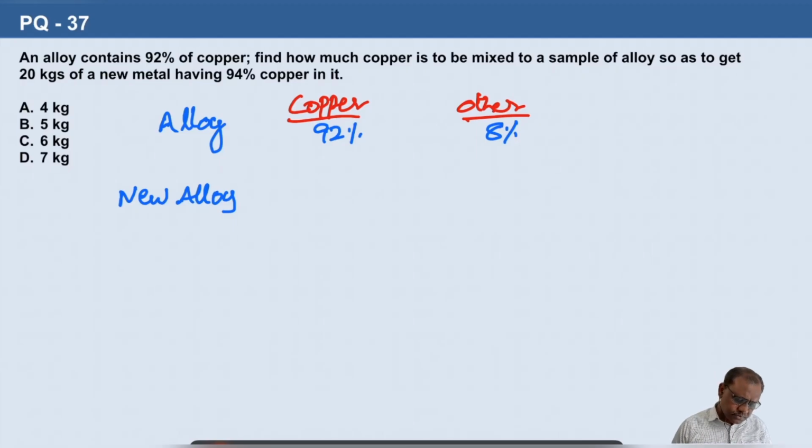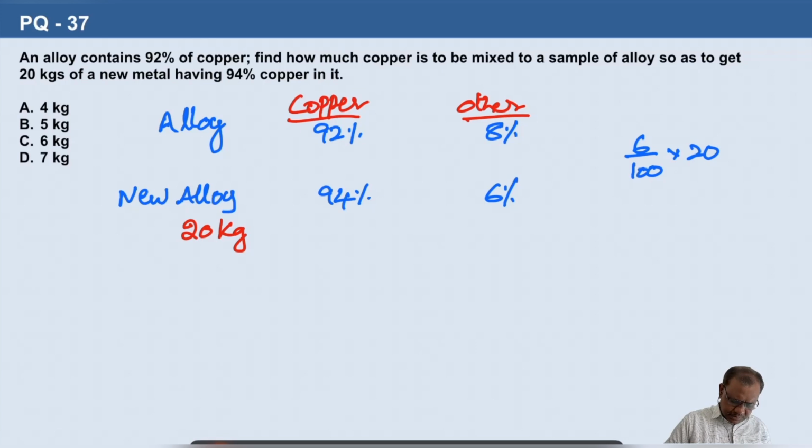And new alloy, 94% copper, 6% is other. So here new metal weight is 20 kg. 20 kg is the weight of new alloy. So what is 6% of 20 kg? 6 by 100 into 20.